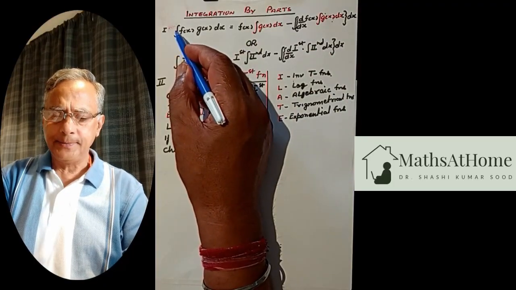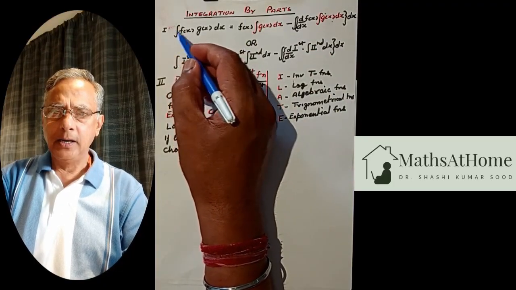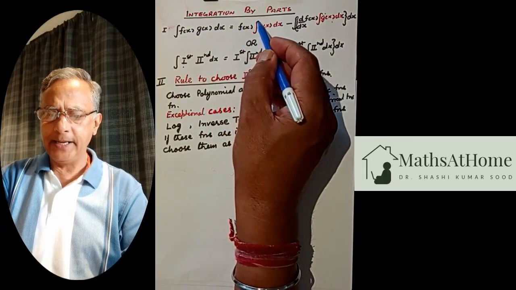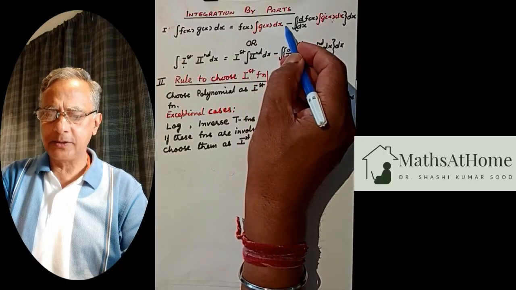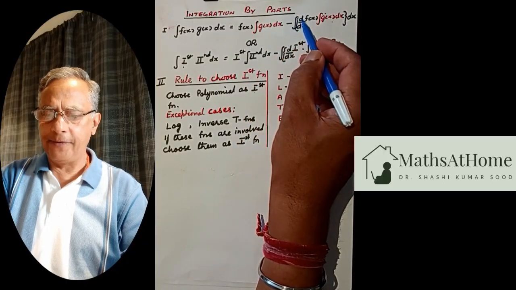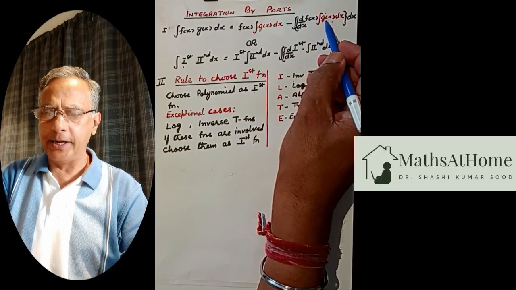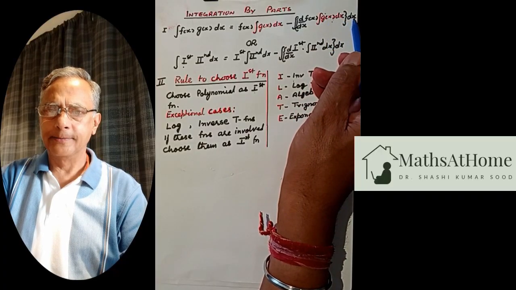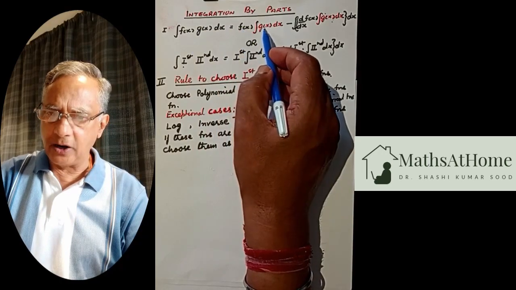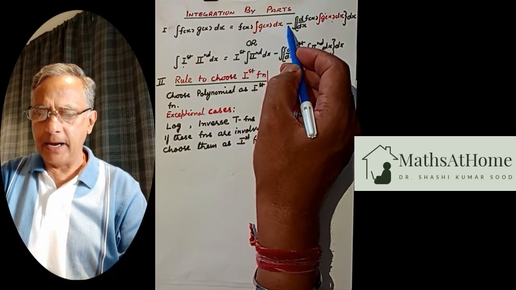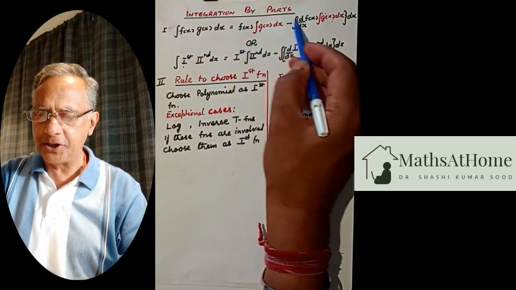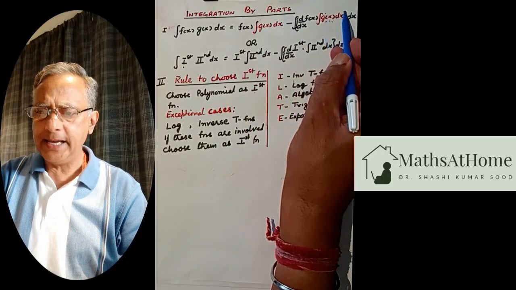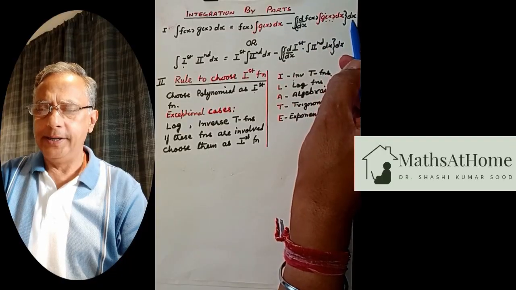Now, the rule is integral f(x) g(x) dx is equal to f(x) integral g(x) dx minus integral of differentiation of f(x) into integral of g(x) dx, whole dx.